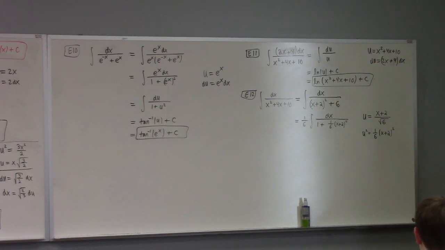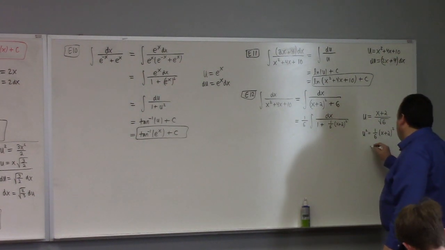So then what? Well, du is dx over the square root of 6, which means my dx is actually root 6 times du.